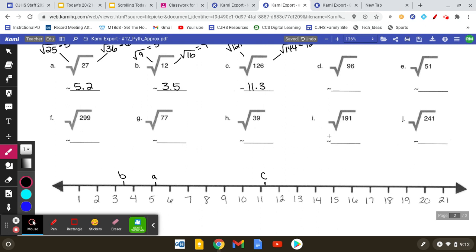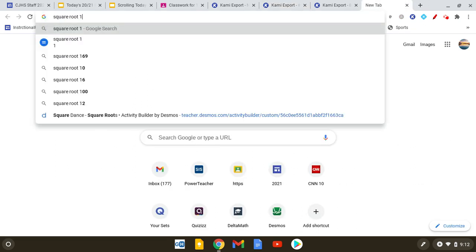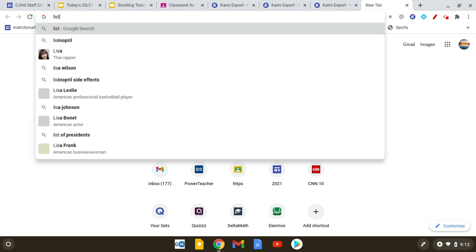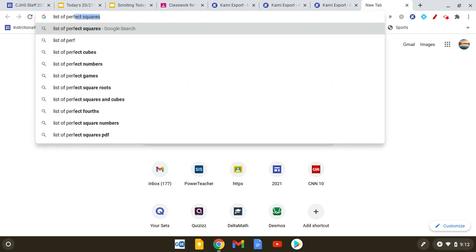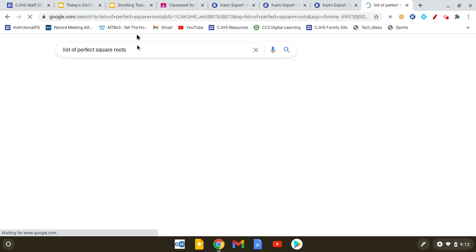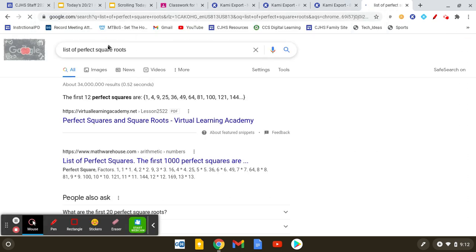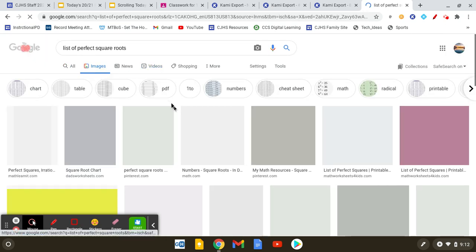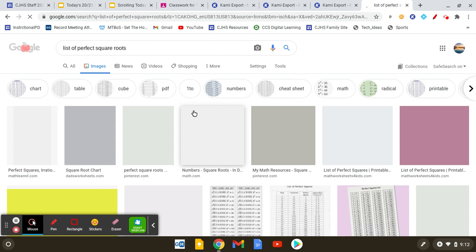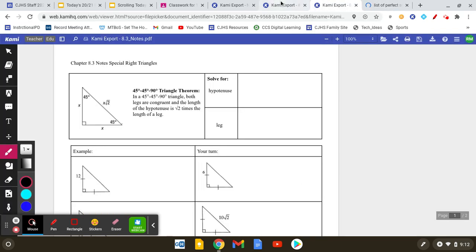So you might want to get a list of perfect square roots. To help you out, here's a list of perfect square roots. It's mostly for my virtual students, so you could pull up a list of them. I don't know why my computer's taking forever.